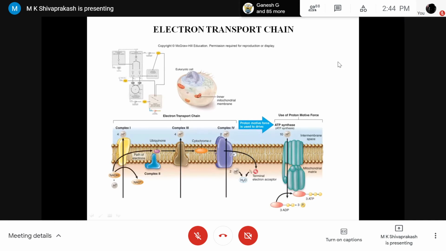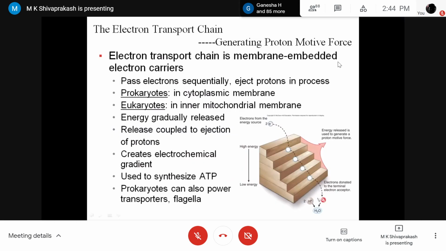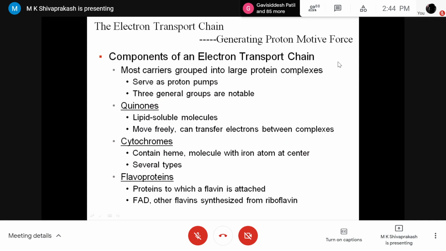You can see the arrangement and the components of the electron transport chain here. In the first stage, quinones are there; in the second stage, cytochromes are there, and flavoproteins are part of this electron transport chain.